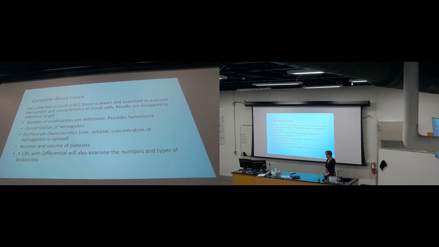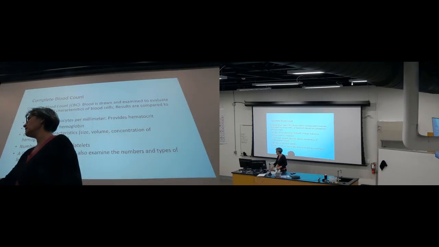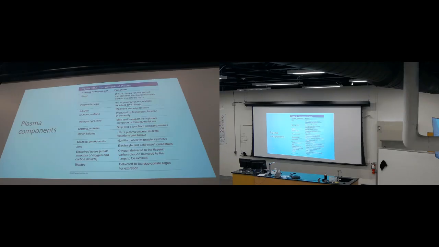A normal number of platelets will be 150,000 per milliliter. And then they can tell you a differential if you ask for it. So it tells you the numbers and types of leukocytes. These leukocytes are of different types, you will see. These are the white blood cells. And when they increase or decrease, you can tell more or less what is wrong.